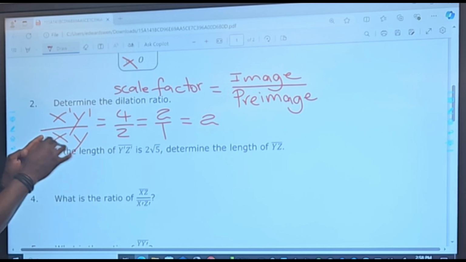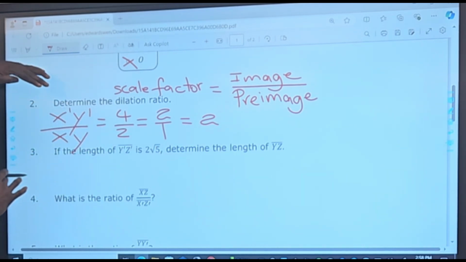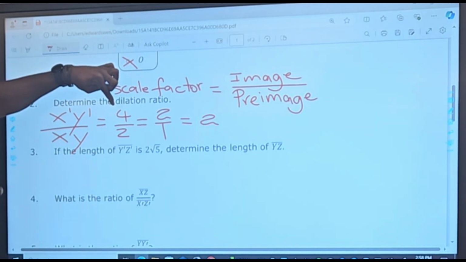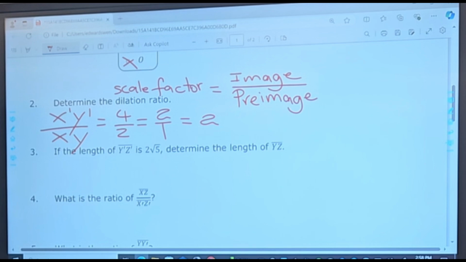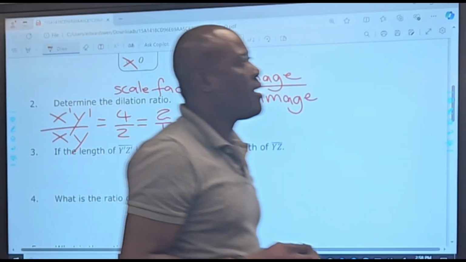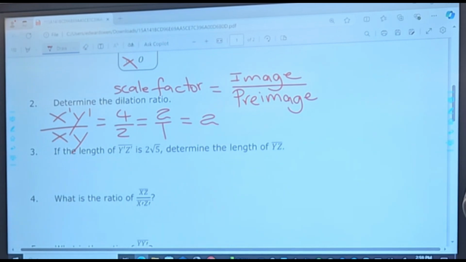Meaning, if I know my pre-image and I multiply it by 2, it's going to tell me the corresponding image for that. Multiply it by 2, we double. And what it also means is that if I have the image and I divide it by that number, it's going to take me back to the pre-image. So if I have the image and I divide it by the scale factor, I go back to the pre-image. If I have the scale factor and I multiply it by the pre-image, it takes me to the image.